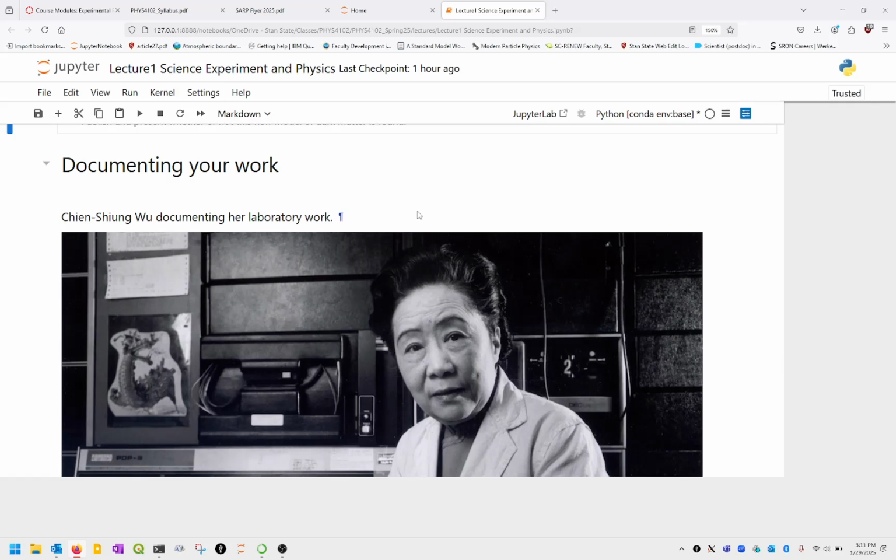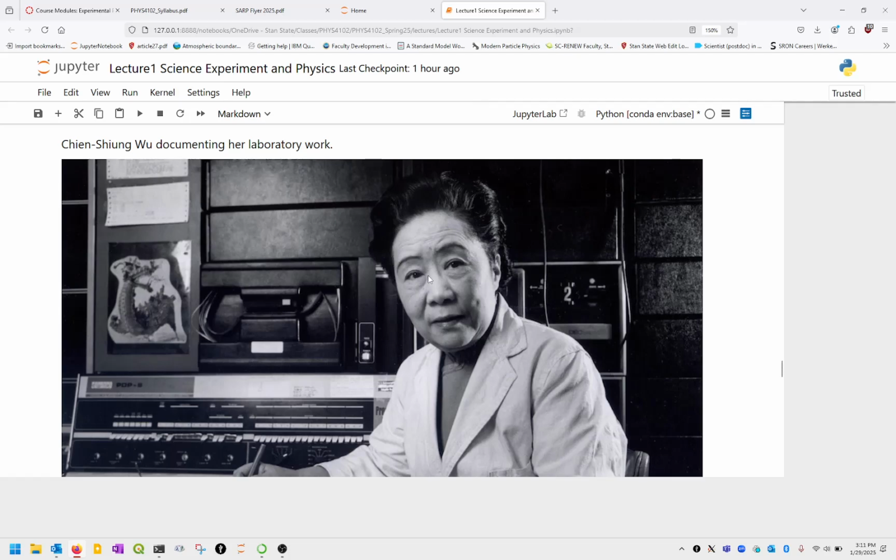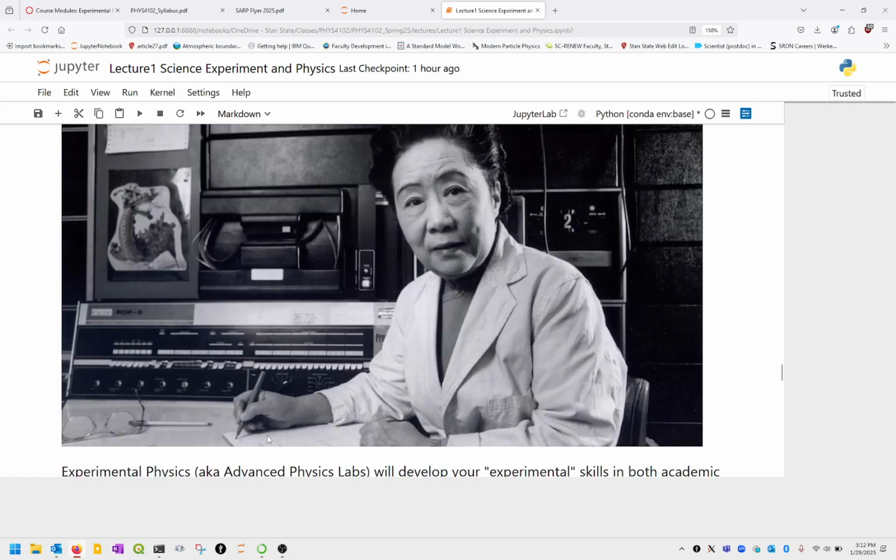This is a famous physicist, Dr. Wu, who discovered the weak interaction, one of the four fundamental forces in the universe.